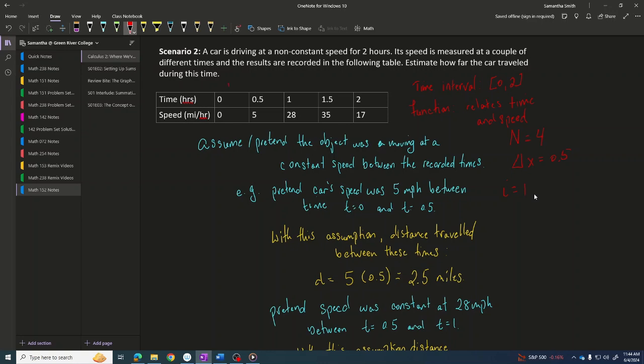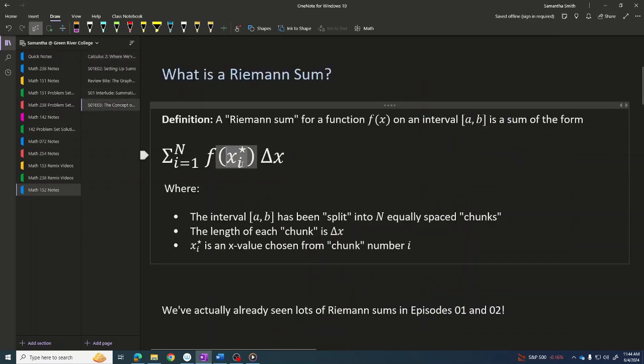So what we did was on our first sub-interval, this first window of time, this first half-hour period, we decided to choose at random the input on the right side of the interval. And by choosing that value at random, we have chosen the value of what we would call in this notation x sub 1 star.